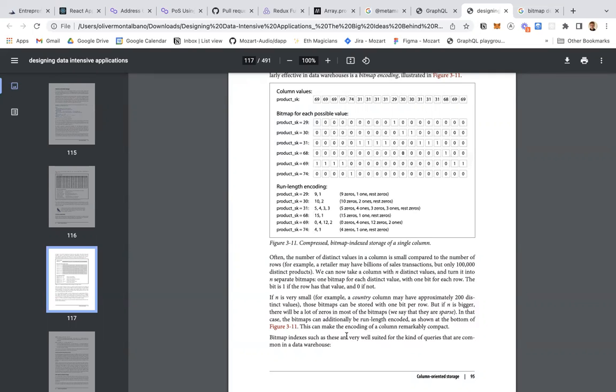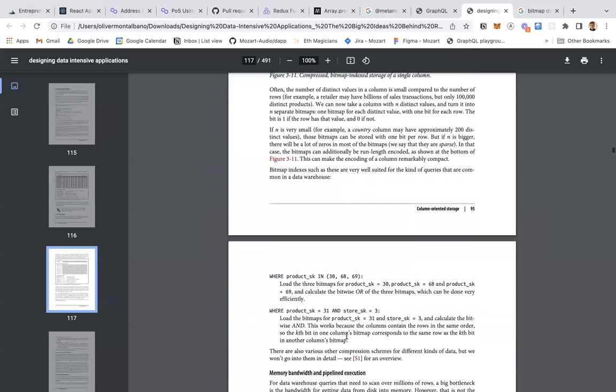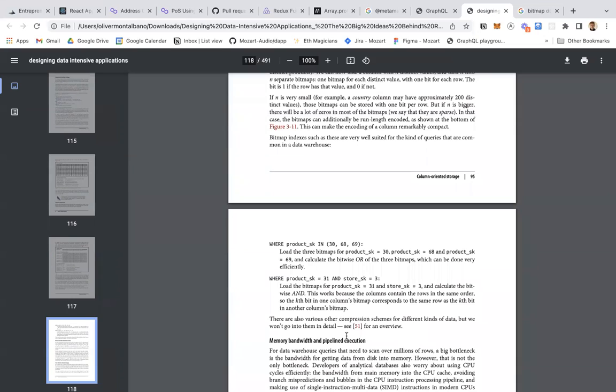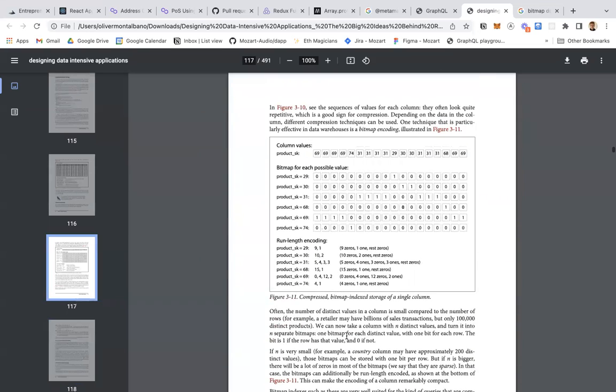Because each one of these is just, I would think, I guess you could have multiple stored, but yeah, that's super interesting. So how much would that save, do you think? Let me see. So that's compression for you.